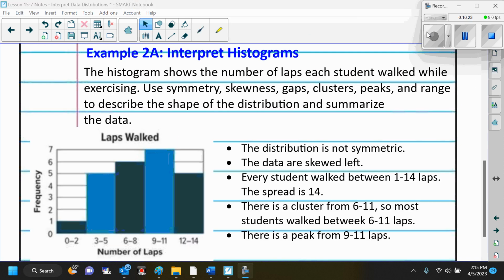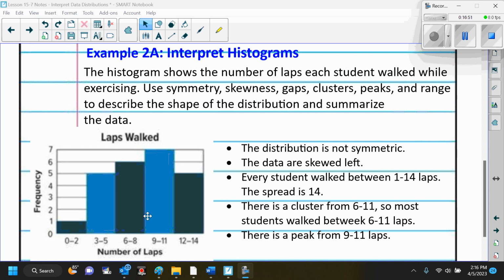All right, so example 2A on interpreting the histograms, it says, the histogram shows the number of laps each student walked while exercising. Use symmetry, skewness, gaps, clusters, peaks, and range to describe the shape of the distribution and summarize. So here's our histogram. I can't fold this in half and it be the same on both sides.